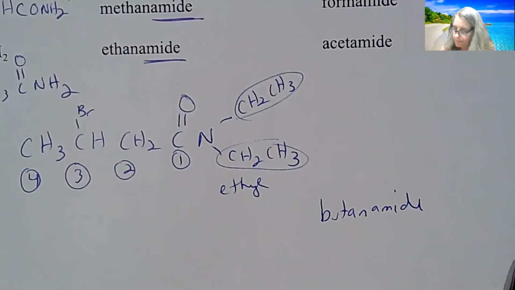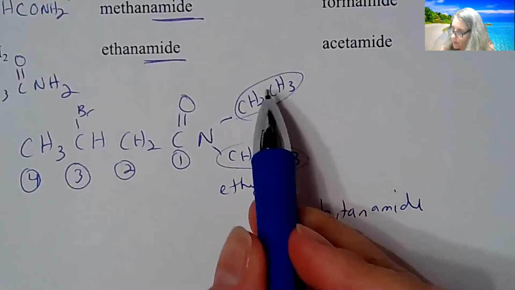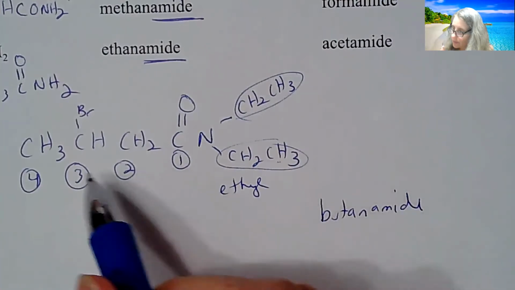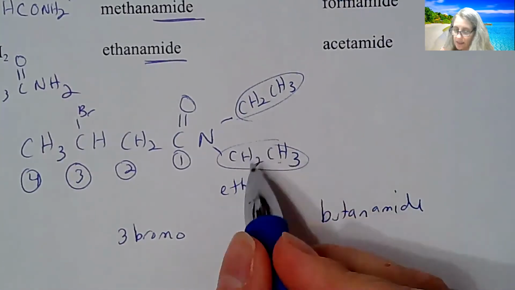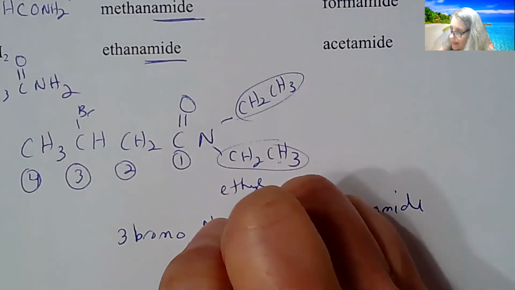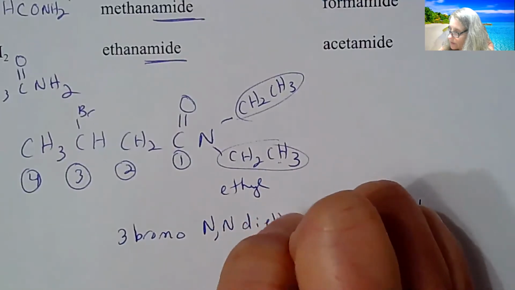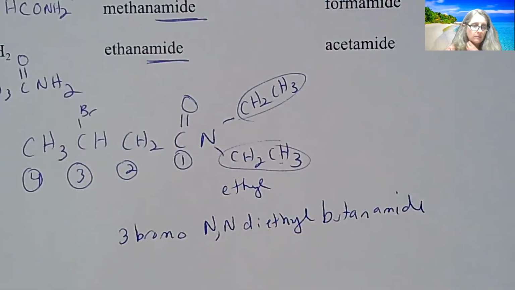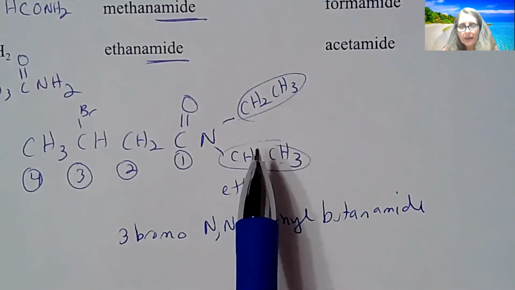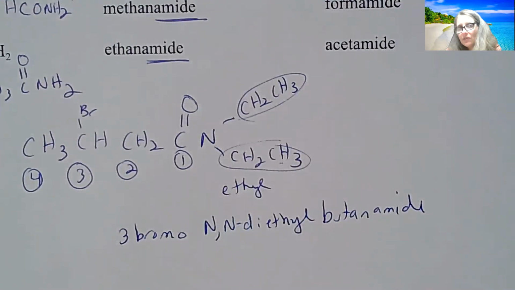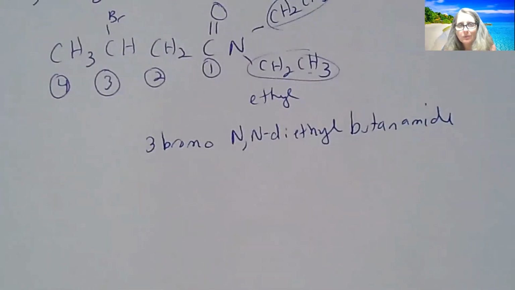And I have both of these being ethyls, and bromo is going to come in front of that. So I'm going to do a 3-bromo. And since I have two ethyls, I have to do an N,N-diethylbutanamide. Okay. And again, in my brain, it always feels weird, you have an N,N, so we know it's off of the N, and you're saying it's a diethyl, so it feels like you're doing it twice, but you're not really, in the world of chemistry.